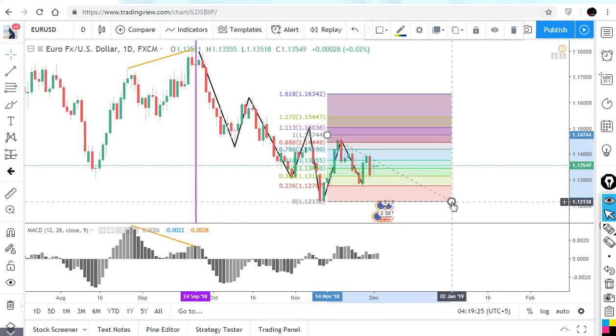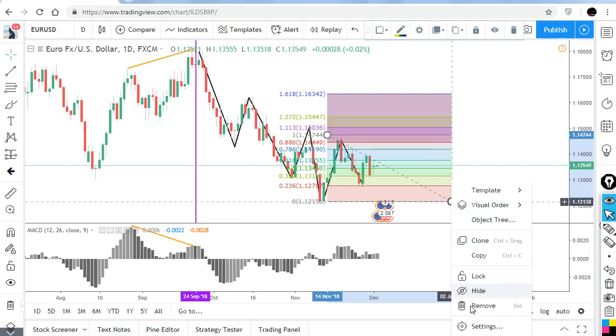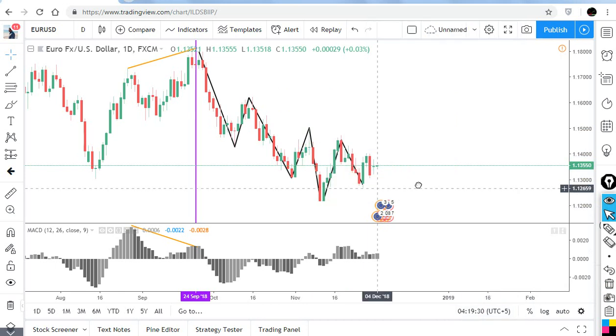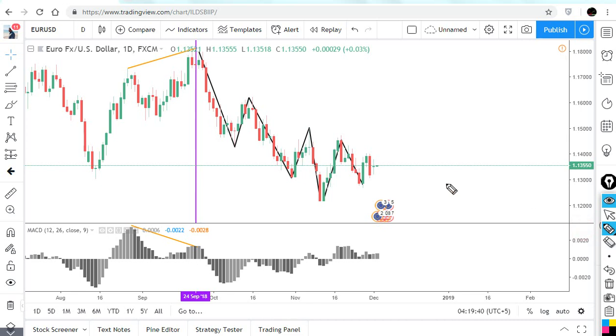Now we see that there is some problem here. What is the problem? The problem is to find out that this C wave will give us this type of pattern.